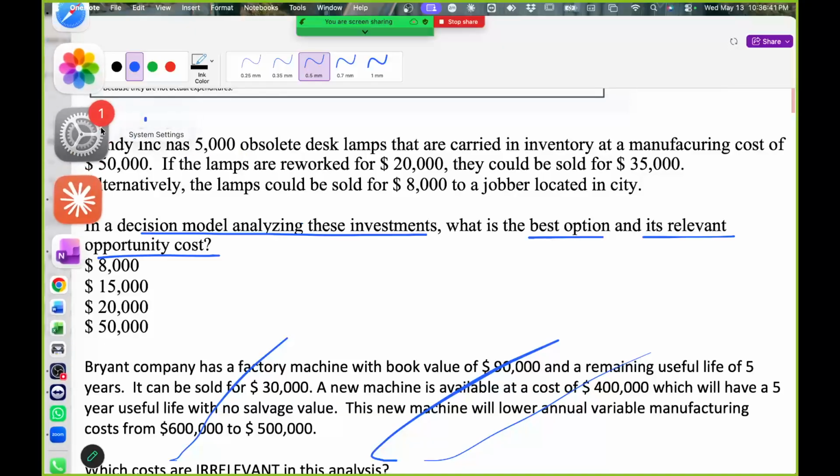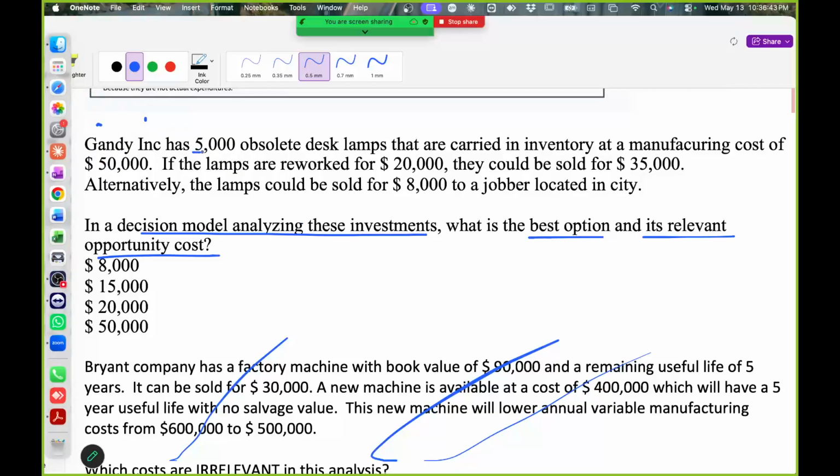Okay. 5,000 obsolete lamps carried at a manufacturing cost of 50,000, that is irrelevant. What happened is happened. The manufacturing cost is sunk, irrelevant. I'm not worried about it. Now in front of me, what are the options?